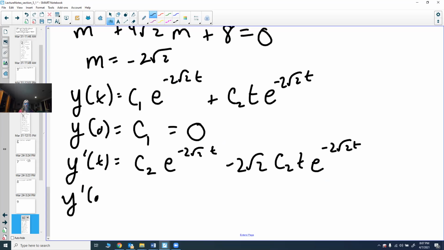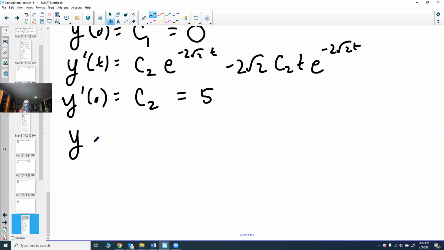Y prime of 0 would be c2, because the rest is 0 since it has a t in it, and that was equal to 5. So we now know c2 is 5, and y of t is equal to 5t e to the minus 2 square root of 2 t. And there's your equation.